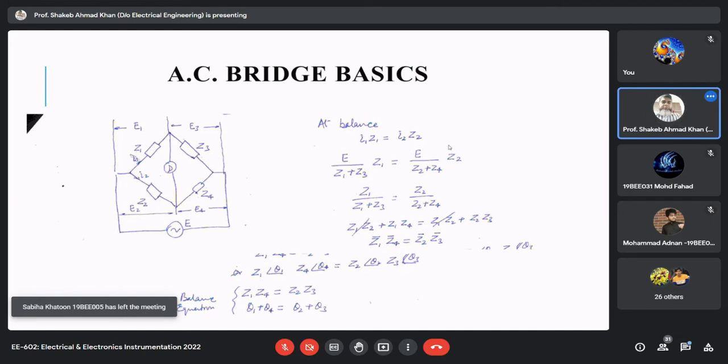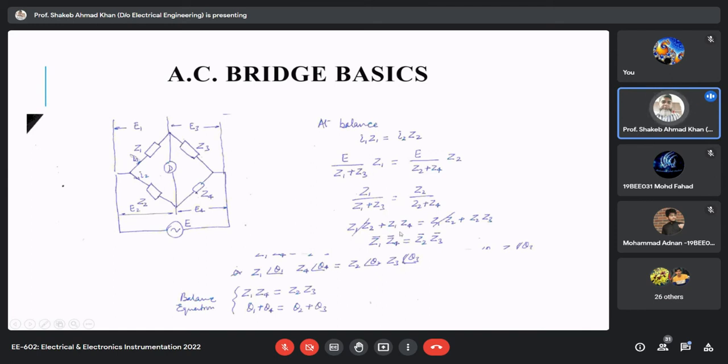So anyway, here I'm trying to derive the balance equation. Because your bridge is balanced, your I1 will be E upon Z1 plus Z3, and I2 will be E upon Z2 plus Z4. And then finally, we are having these equations.